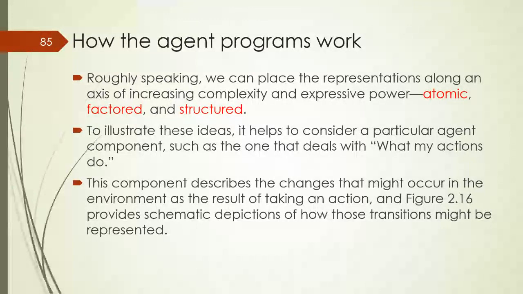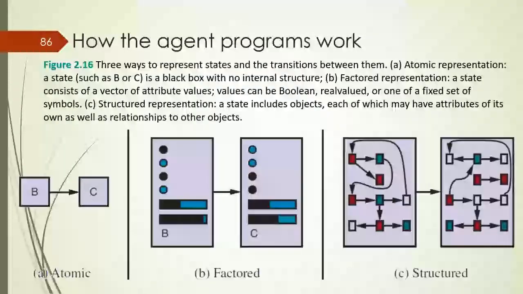They are called atomic, factored, and structured. To clarify what sort of approach we might take, look at this structure, and I'll explain what they have. In the atomic approach, the internal states of the environment are based on black boxes.